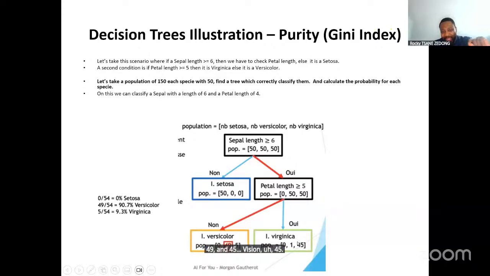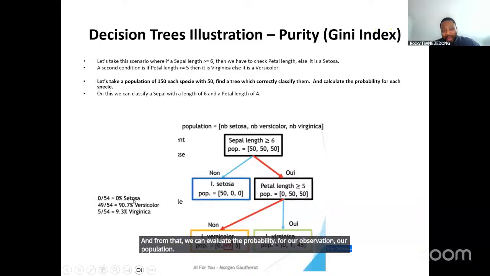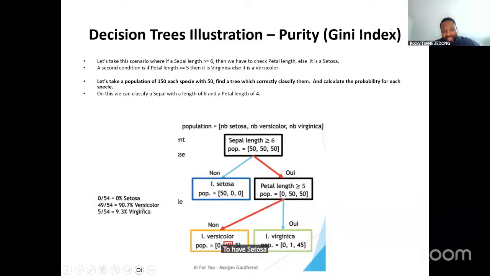And from that, we can evaluate the probability for our observation, our population, to be setosa, virginica or versicolor by taking each of the end nodes.